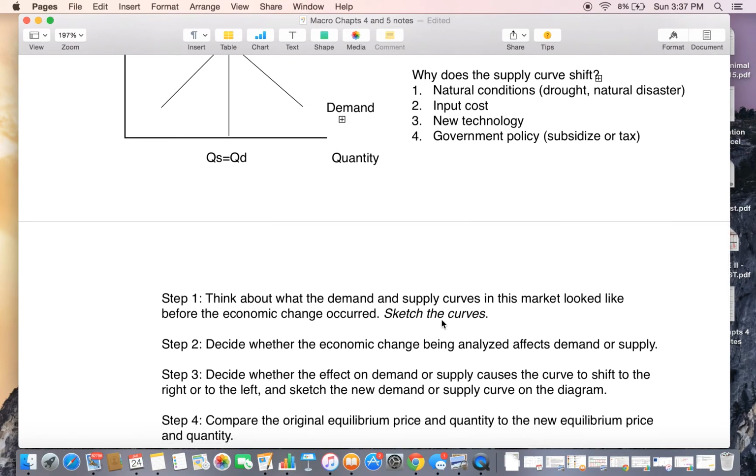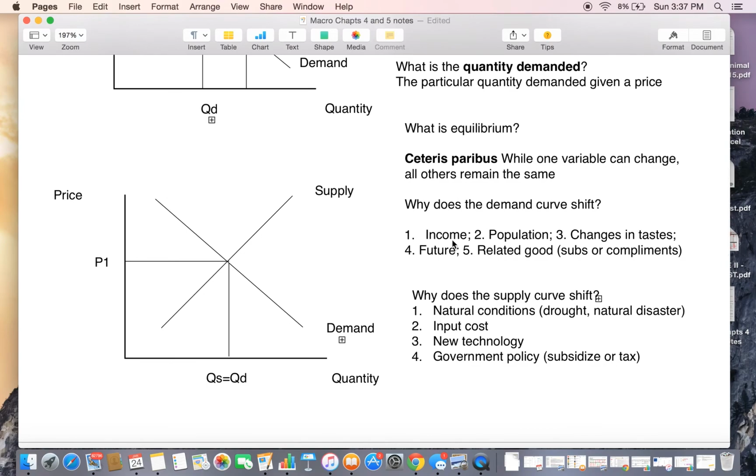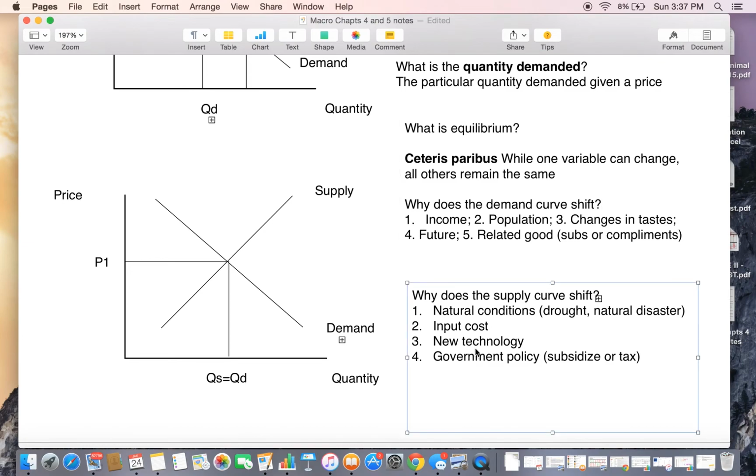Decide whether the change affected demand or supply. A good way to do this is, if you know your reasons for impacts to supply and demand, then you can adequately analyze the situation.